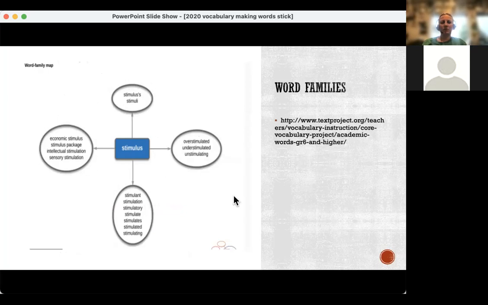I don't think for this level of study it would be as useful, but you can certainly see, it's called text project. You can see examples of that, but it's basic, right? It's just the vocabulary word. And if you want to put a bunch of related words there, or other words that maybe don't have that stimulus part in it, but could be seen as related, you could add different words, right?